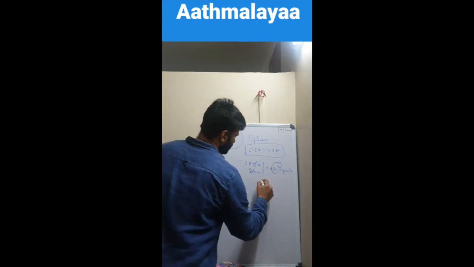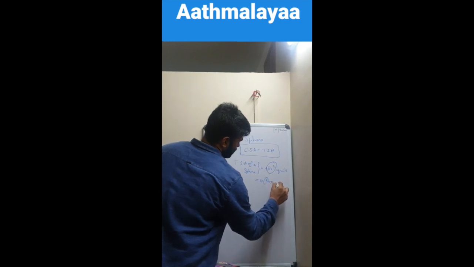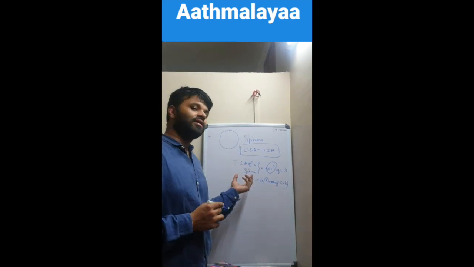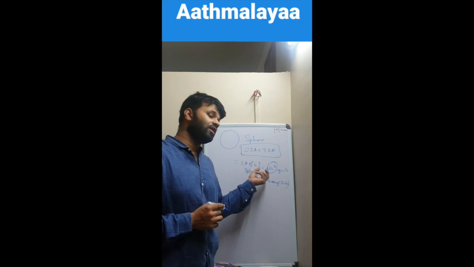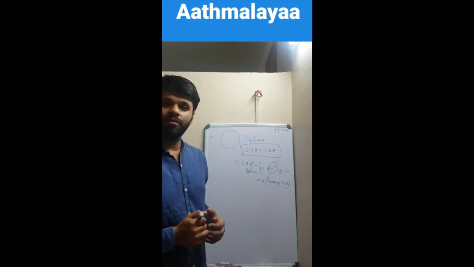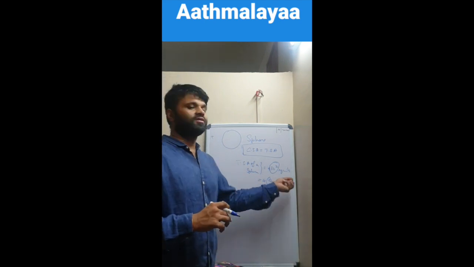So pi r square is nothing but the area of a circle. So can we say that total surface area of a sphere is equal to 4 times the area of a circle? In simple terms, it is 4 times the area of a circle.